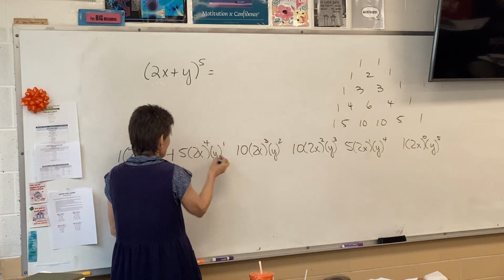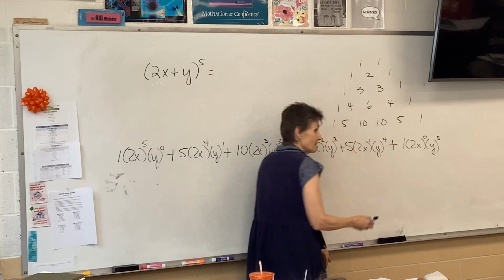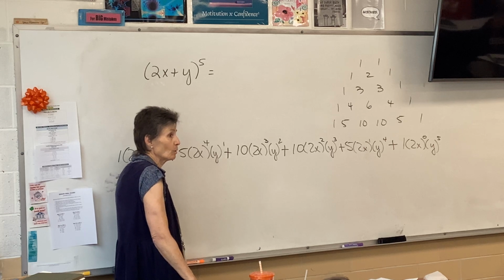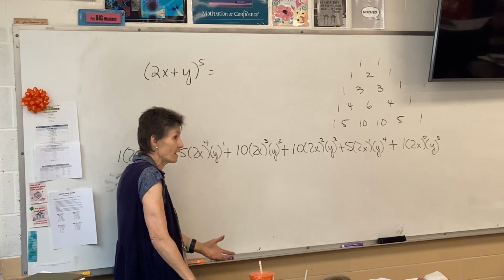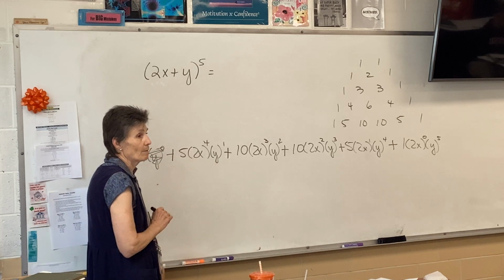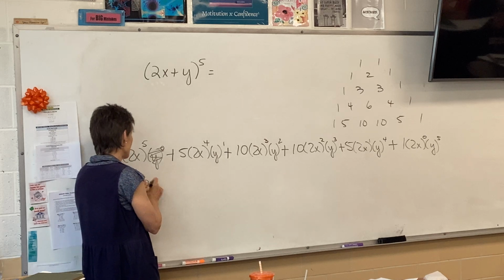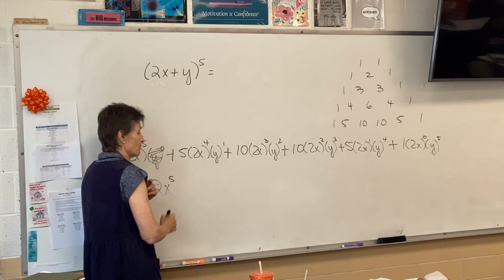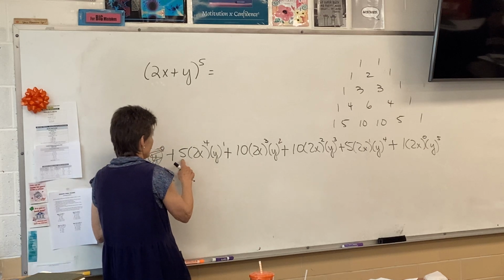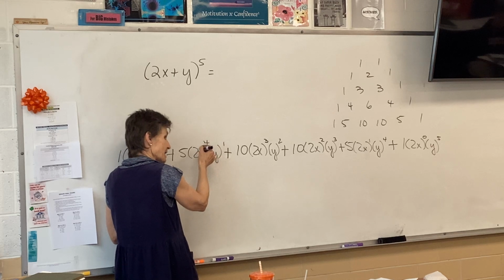Now each of these is a separate term. So I'm gonna go ahead and put pluses in there to separate them. And then the only thing left to do is to simplify each one. Anything to the 0 is 1. 2x to the 5th is gonna become 32 x to the 5th. Plus, now be careful, that's a 5, but this is a 16.